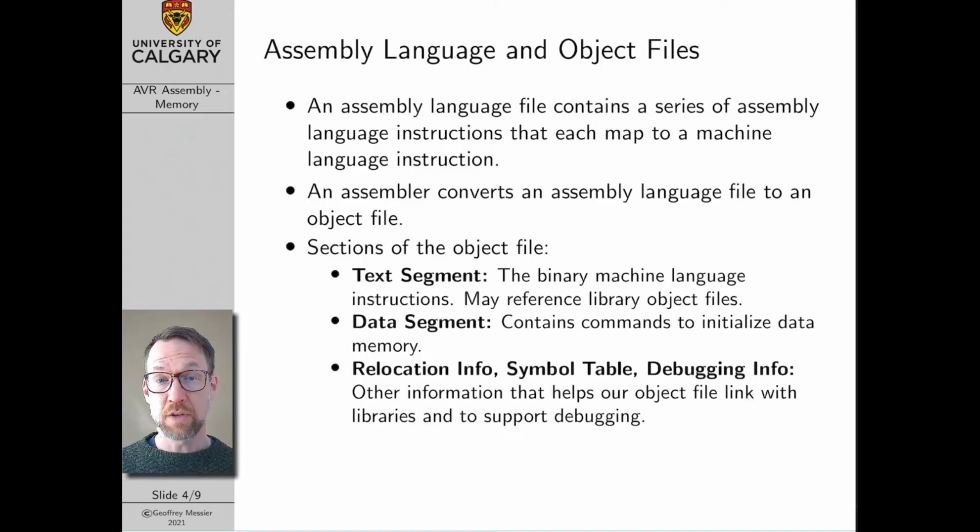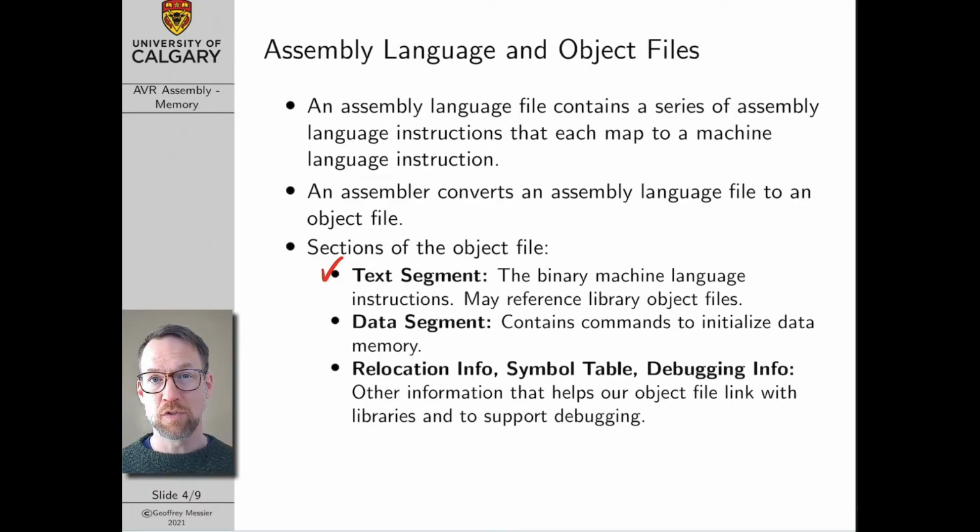An object file is basically a binary file that consists of the actual binary machine language instructions that run on our microarchitecture. An assembly language file that's used to generate an object file is divided into a couple of sections. The first section is called the text segment. The text segment is basically where we do our programming. So the text segment contains all of our assembly language instructions.